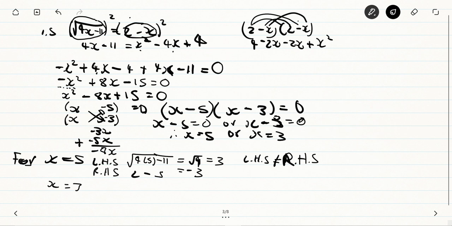And I want you to write it in the comment section whether you are getting an equal value on the left-hand side and the right-hand side when you substitute x is equal to 3. But here as well, it should be ending up like this. Left-hand side is not equal to the right-hand side. And therefore, no solution. Just say no solution.